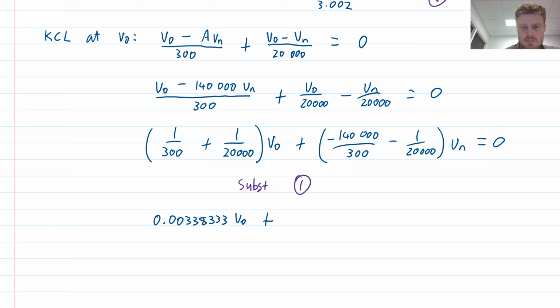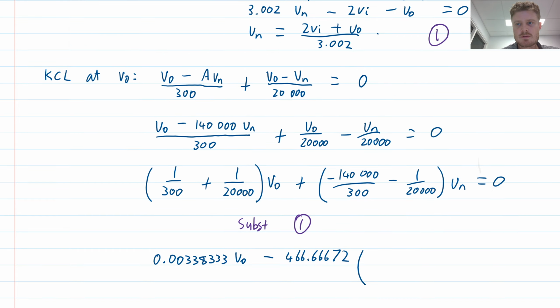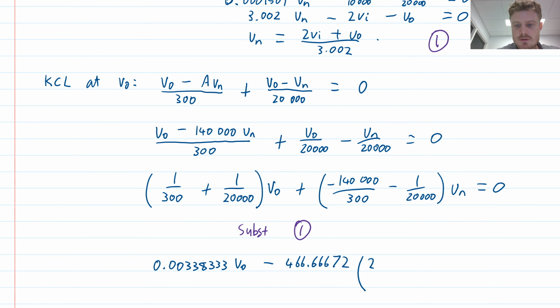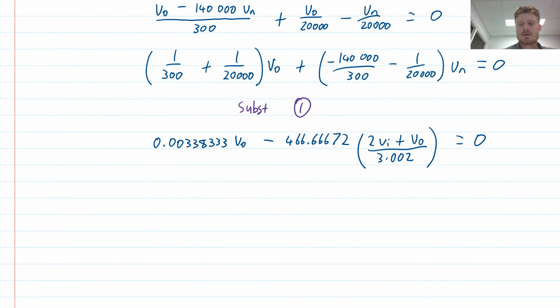So this would be negative 466.6667 times Vn. I was substituting for Vn, so let's take Vn, which was 2Vi plus V0 divided by 3.002, and that is equal to 0.